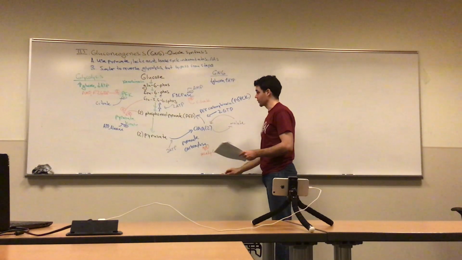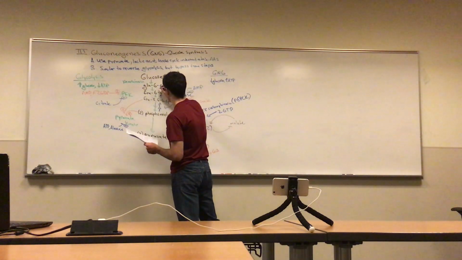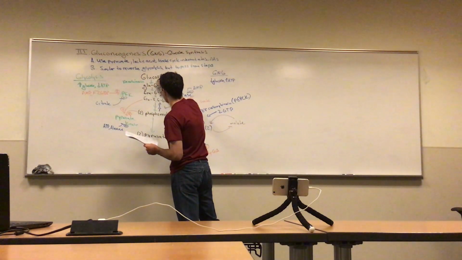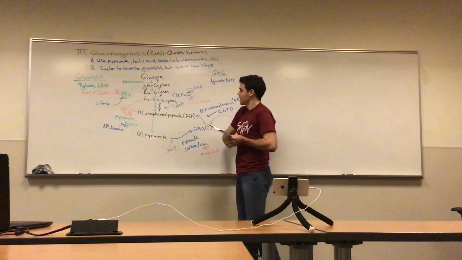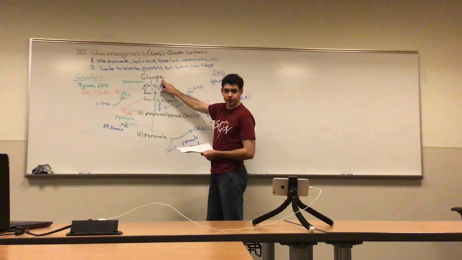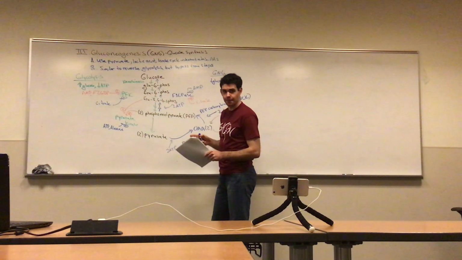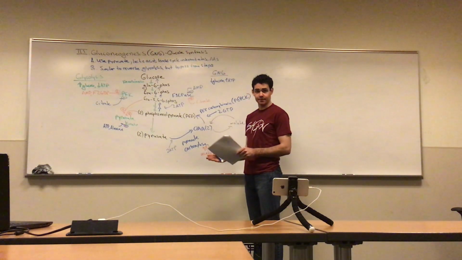Okay, cool. So that happens, and now here's the key. We have an isomerase, and then this is also super key: the enzyme going from glucose 6-phosphate to glucose. Super important because it's only in the liver.